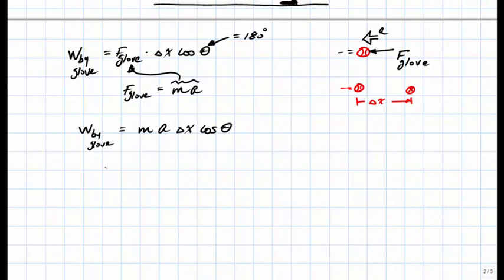Now, from 1D motion, there's an equation that relates the initial and final velocity of the ball as well as the acceleration. And that equation is v squared equals v0 squared plus 2ax.